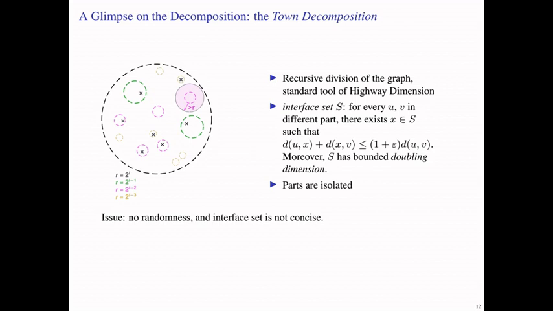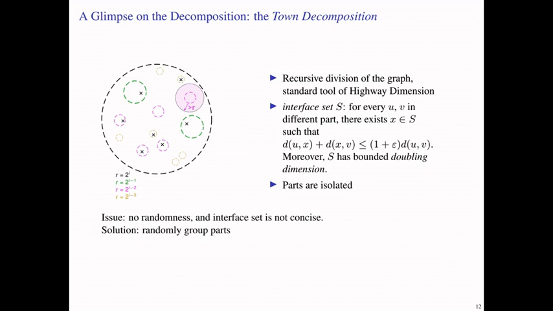So that decomposition is great, but there are two issues. There's no randomness. It's completely deterministic, so if someone is cut, then you cannot do anything. And the interface set is not concise. So I won't dig into the conciseness. I'll just explain how to get the randomness, the scaling probability we're targeting. The solution is briefly to randomly group the parts.